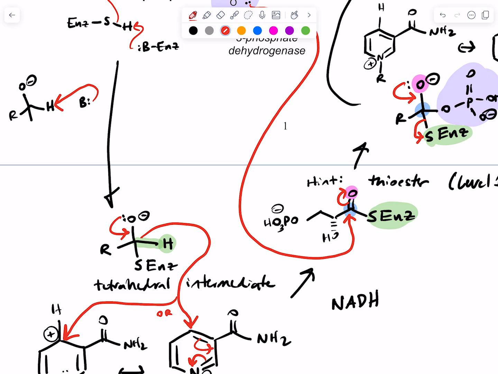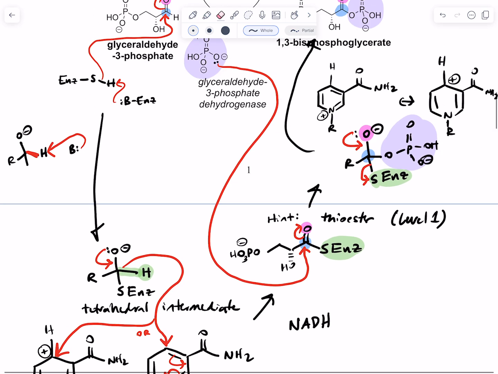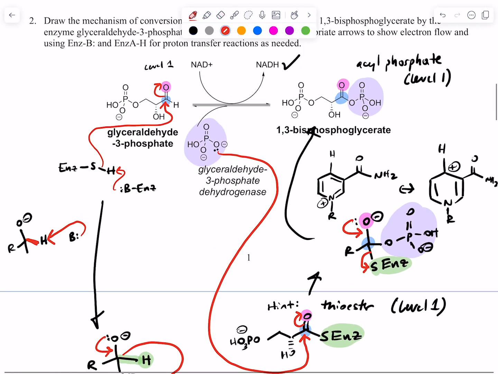But that would be removing a hydrogen, and then the electrons there would have to have some place to go. And they don't. So pay attention. You will know you need to do a hydride leaving and being picked up by NAD+ when the name of the enzyme is dehydrogenase.